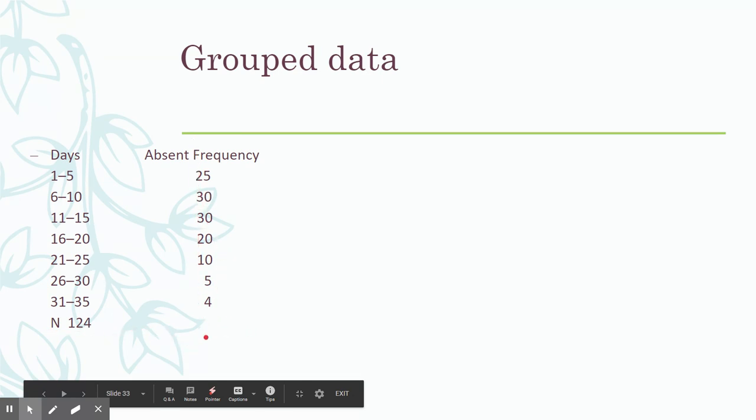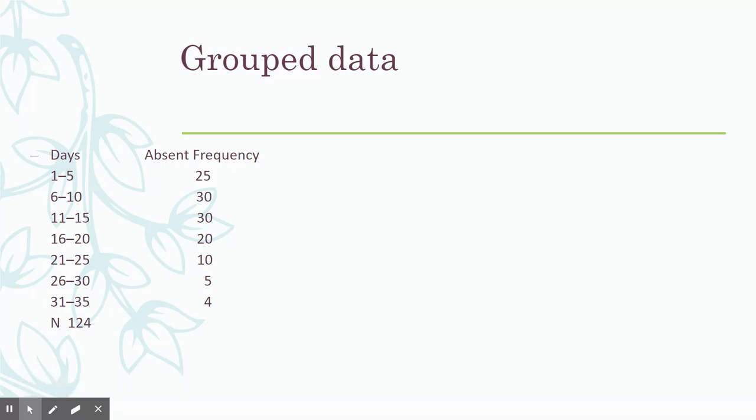So the sum of the frequencies, or the size of the population in this case, is 124. But what we don't have are those 124 values. They've been grouped into these classes that we have here. But we still want to get a measure of what the mean would be.